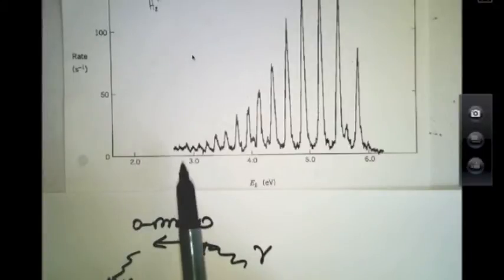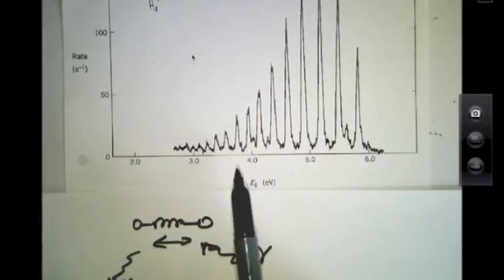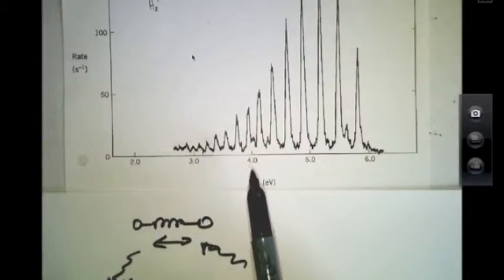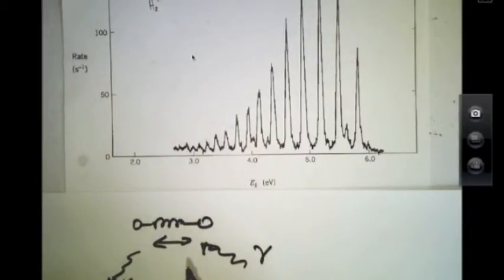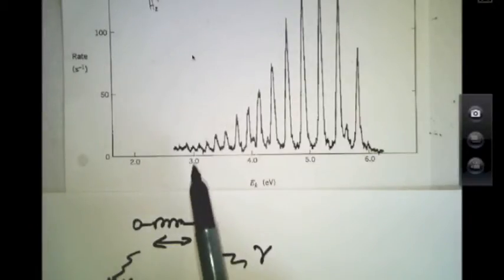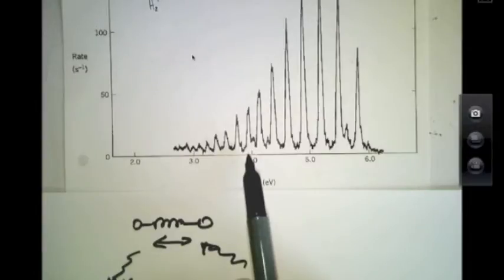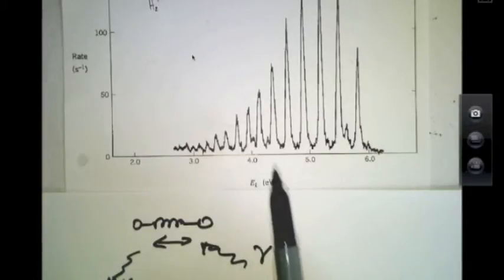So what's interesting about this spectrum here is you notice, what's plotted here is the rate at which photons are absorbed into H2+ as you pass a photon beam through a gas. And it depends, of course, on the energy of the photon, and the rate of absorption goes up at various characteristic wavelengths or energies of the photon, and notice that those follow an extremely regular pattern.